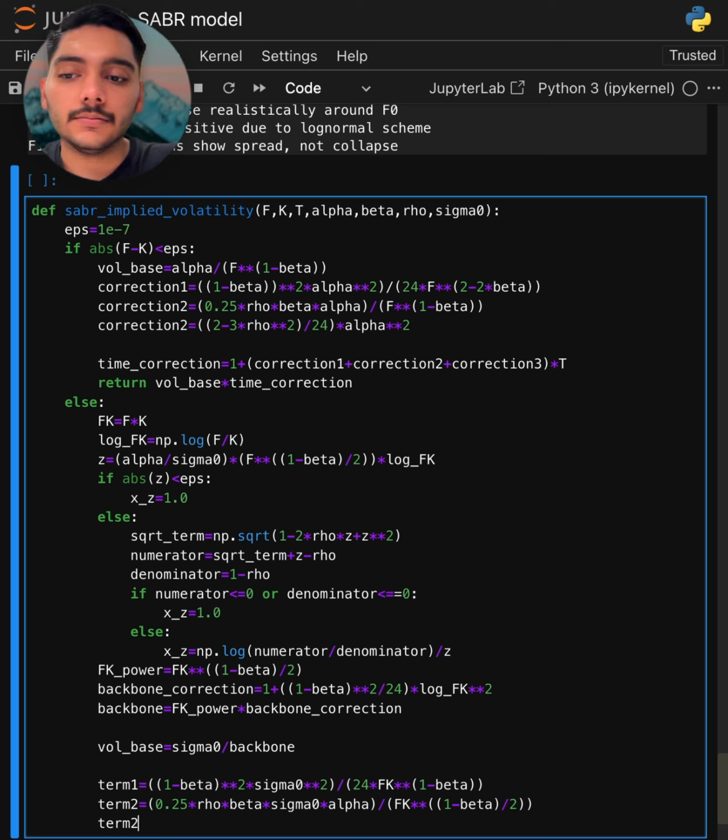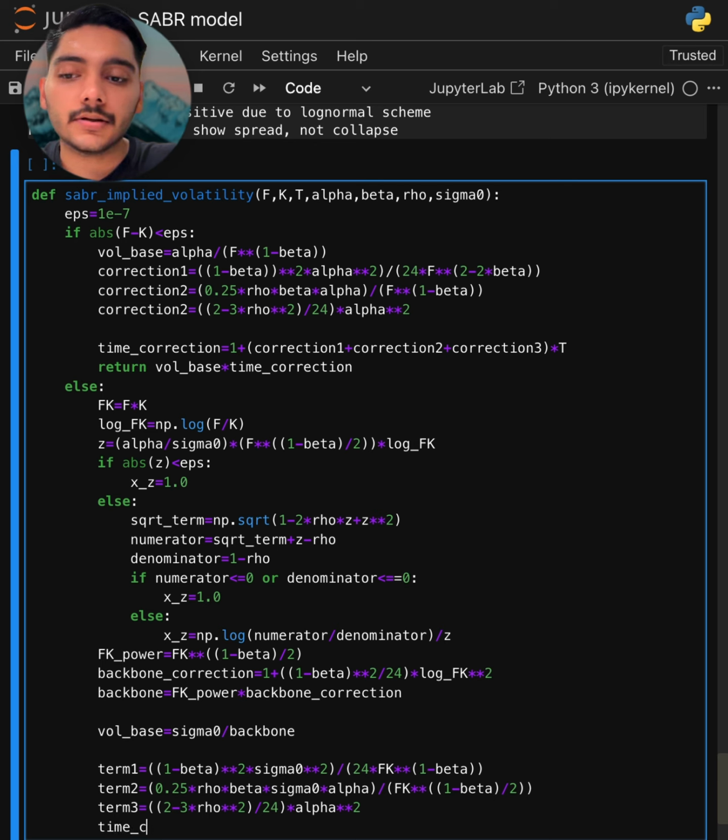And term 3 is equal to (2 minus 3 into rho to the power 2) over 24, into alpha to the power 2.